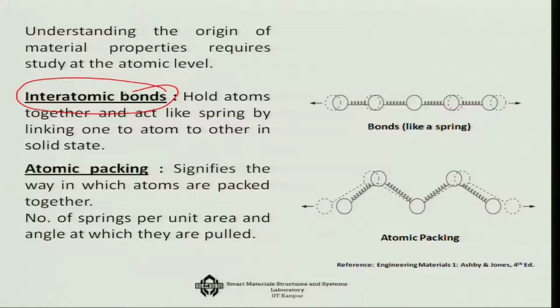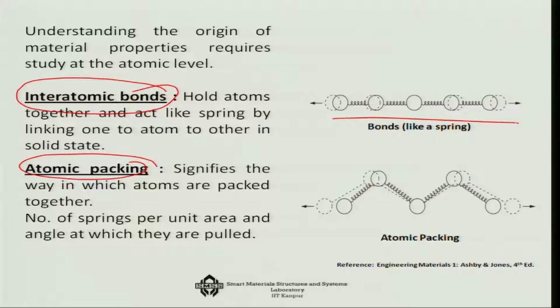And then the other issue is the atomic packing. This signifies the way in which the atoms are packed together, because, okay, fine, there are these atoms which are bonded or held together with the help of some kind of a spring, let us think of it. But these springs, we need not think, are just unidirectional in nature.